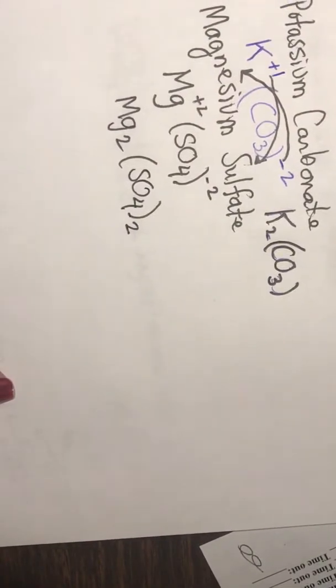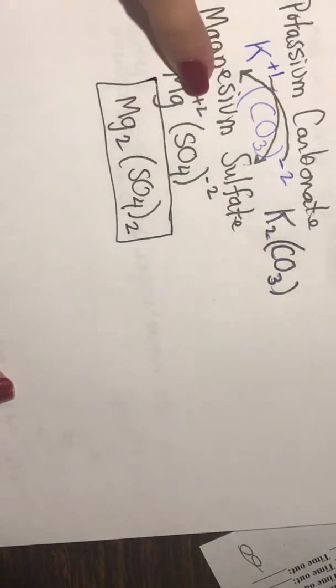And this is what you should have got. Just because they cancel out, again, doesn't mean you don't have to write them. Anyone have questions on how to name them?